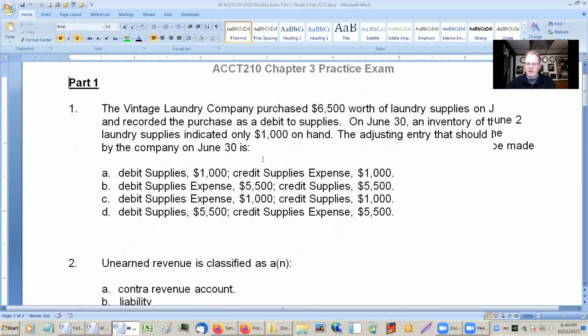Again, as a class, if you get 8 out of 10, you get all the extra credit points. Those will be added on to your test, but they won't be added on separately. They'll be added on top of whatever your grade is.